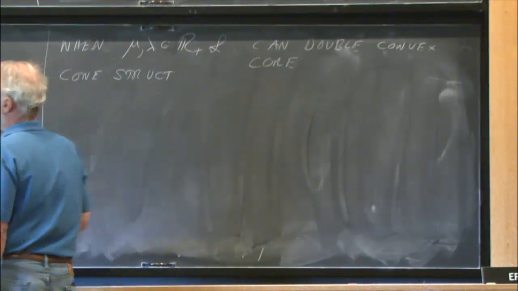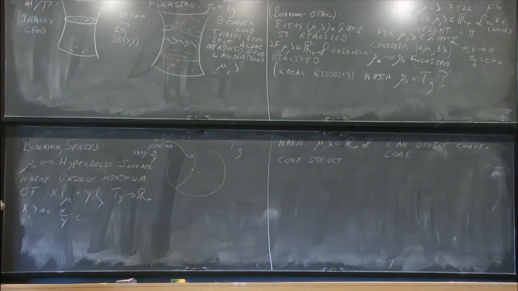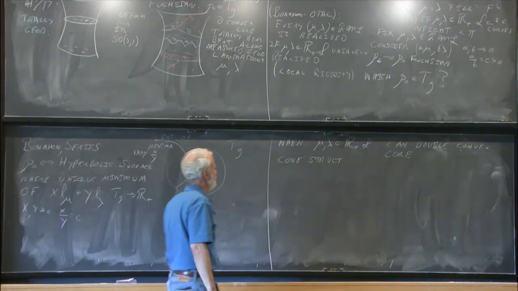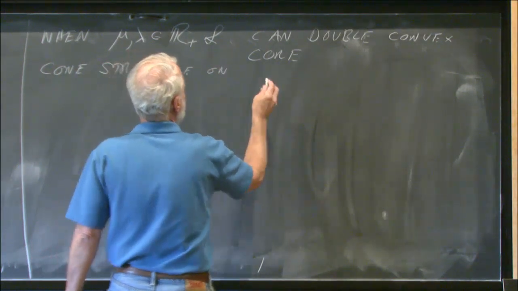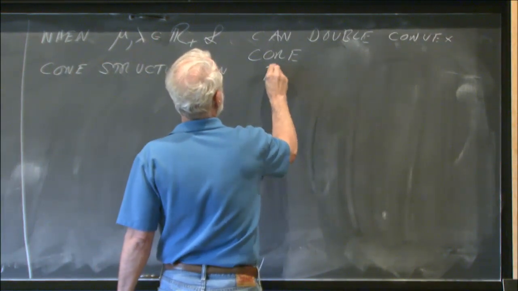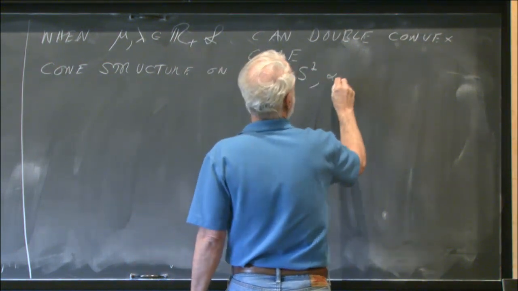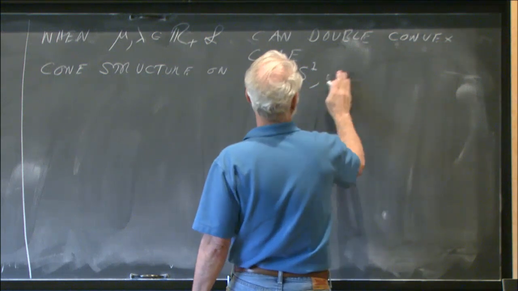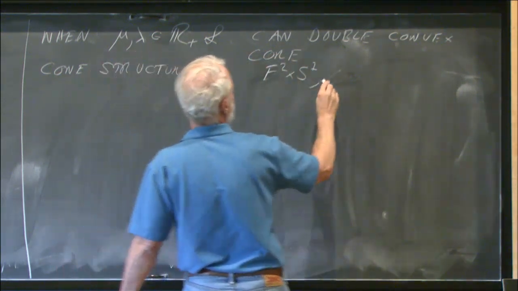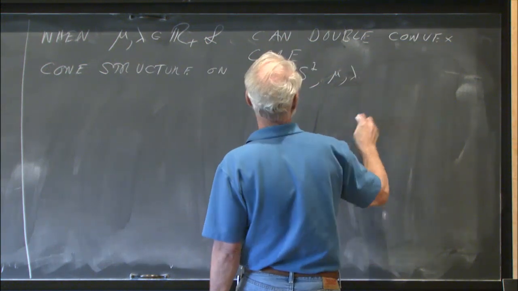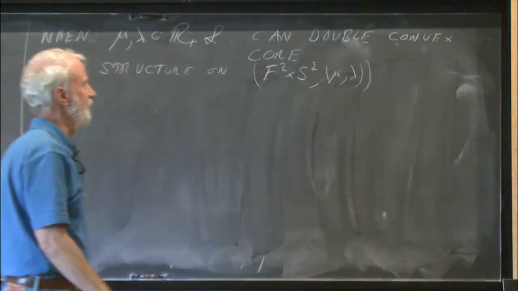So when you double, if you ignore the bending, it's just a surface cross an interval. When you double it, you get a surface cross a circle cone structure on F2 cross S1, where the singularities lie along these simple closed curves, which I'll call mu and lambda here.